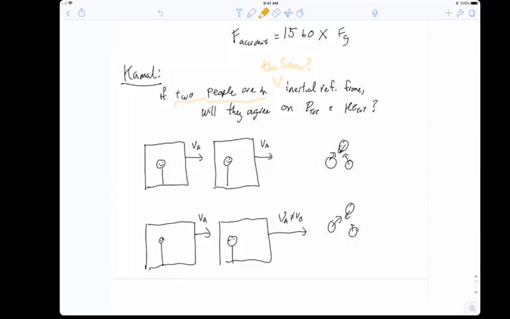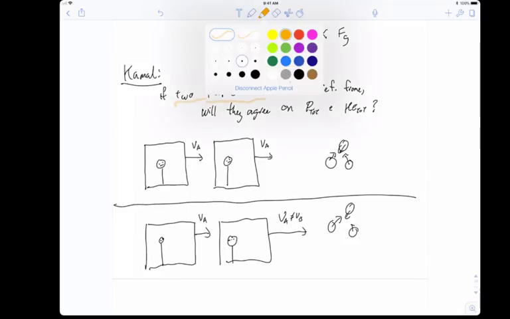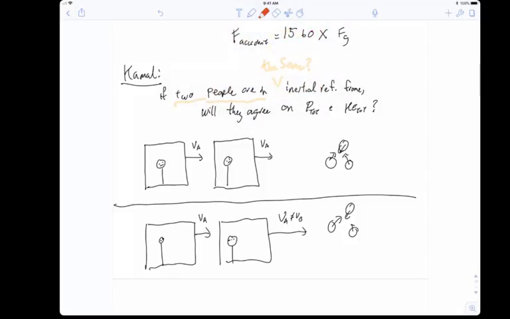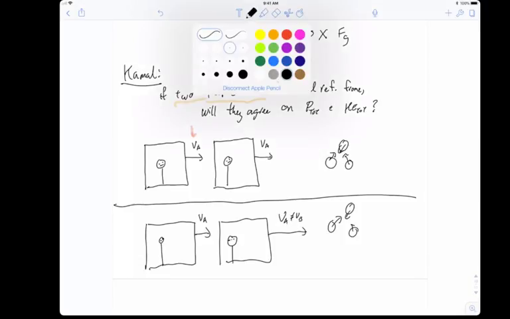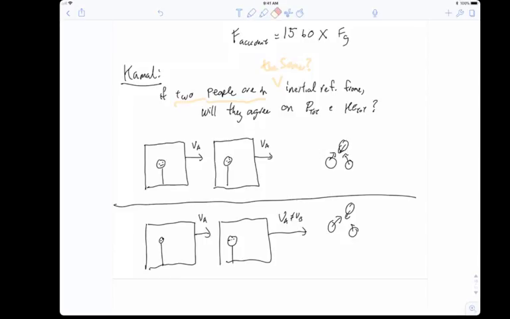So, in the first case here, I've drawn two people in the same reference frame. That means they're traveling at the same velocity relative to the ground. So, they have the same velocity. And what that means is, because they're in inertial reference frames, they're going to describe the laws of physics the way we usually understand them.